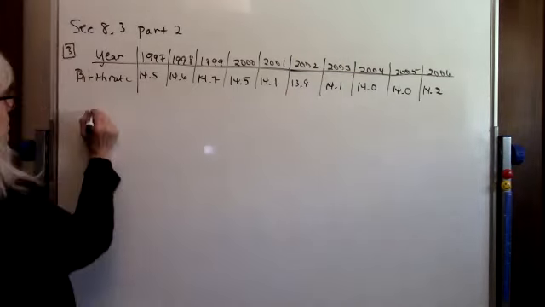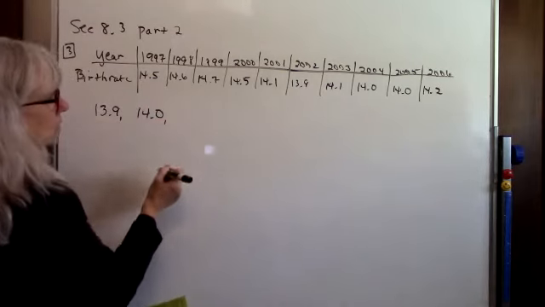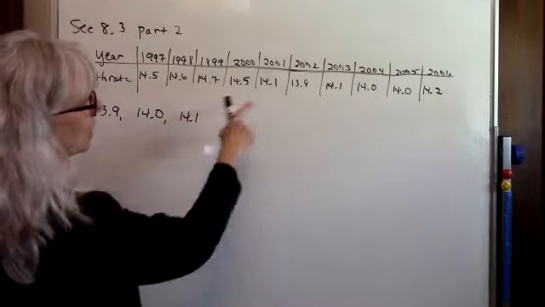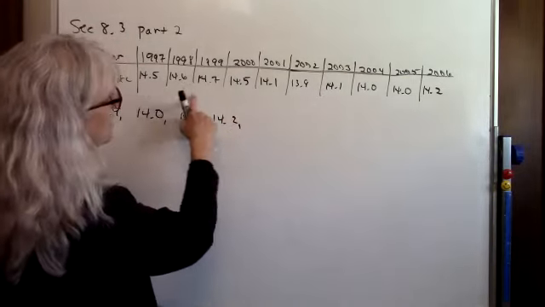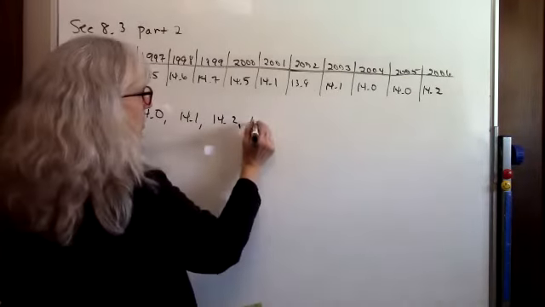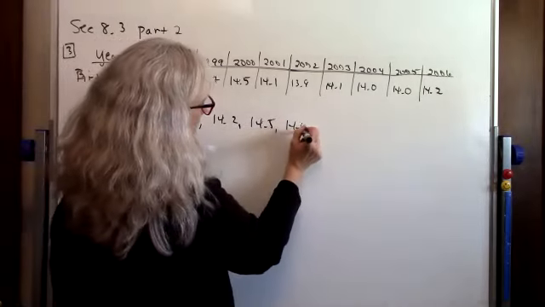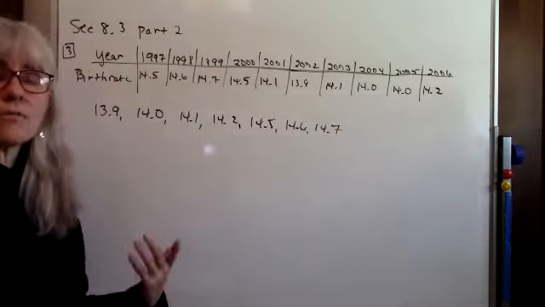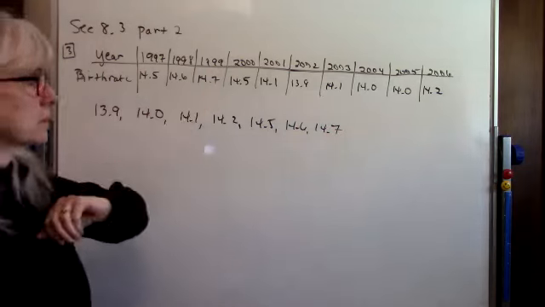We'll also say that the next value is 14.0, trying to put them in numerical order. I've got a 14.1. I have a 14.2. I don't have a 14.3 or a 14.4, but I do have 14.5, 14.6, and a 14.7. So those are the different values that the number of live births takes on. Those are our random variable x's.